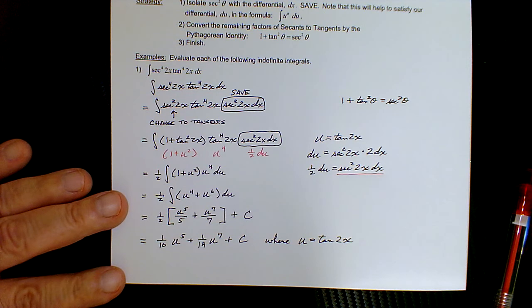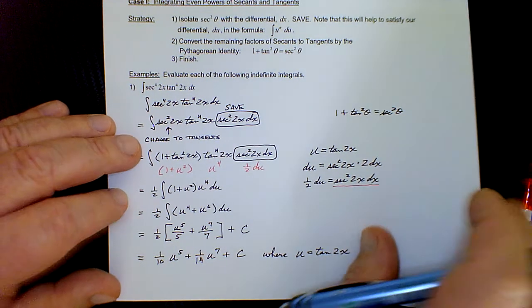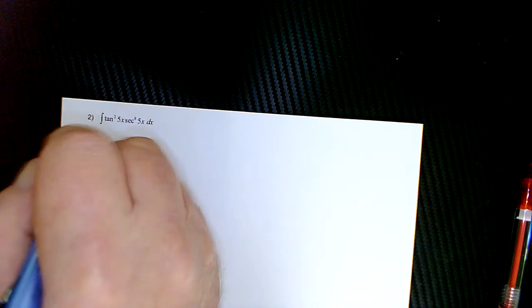We'll see a couple more examples just to firm things up, but hopefully we can take care of that in this one video. And so, 2 more examples. First, tangent squared 5x secant to the 8th. Okay, so secant is even, and I'm going to borrow 2 factors.